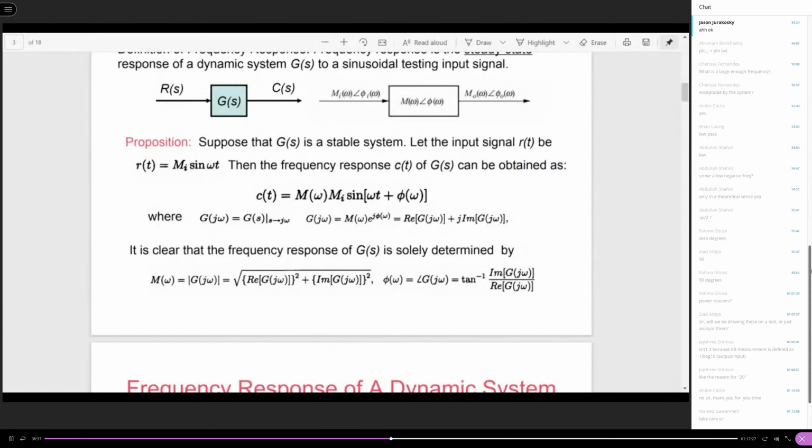So you're going to find out that the magnitude of the response signal is simply equal to the product of M of omega multiplied by M_i. In other words, the magnitude is always M of omega times M_i, the input signal's magnitude.